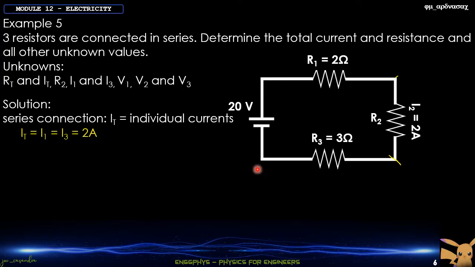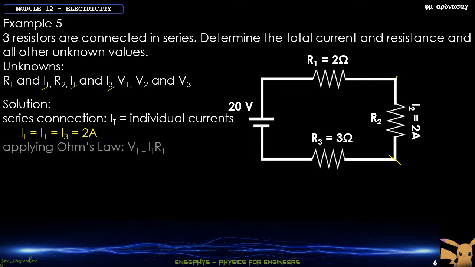Therefore, our I total, our I1, and our I3 are also equal to 2 amperes. Okay? So, for our requireds, we have solved already I total, I1, and I3.